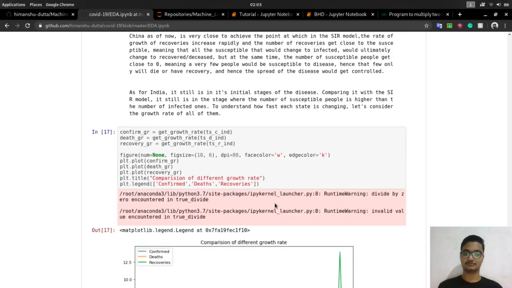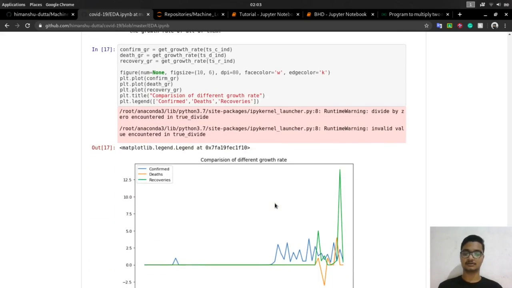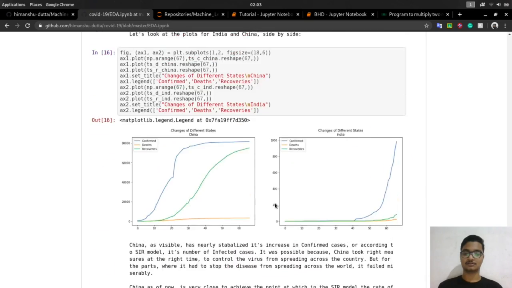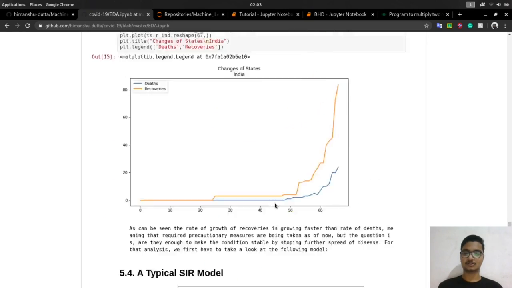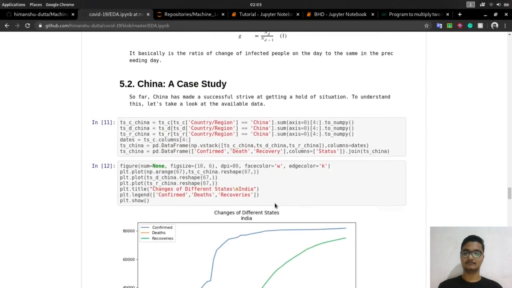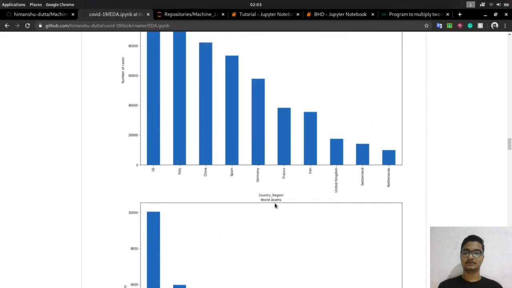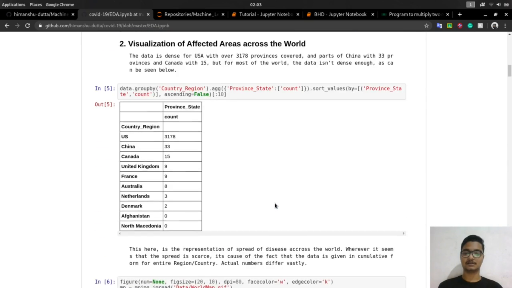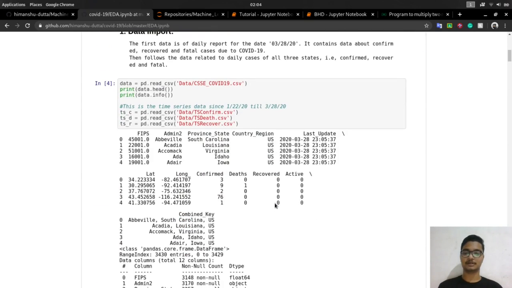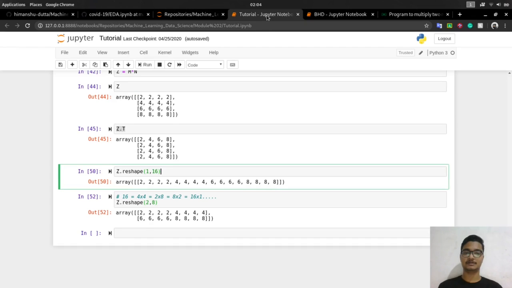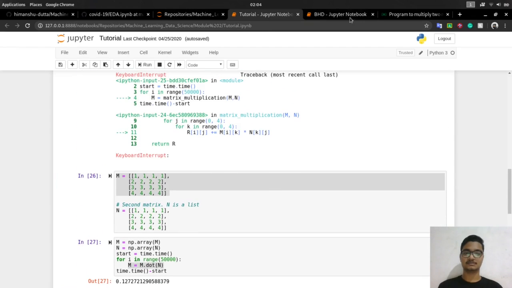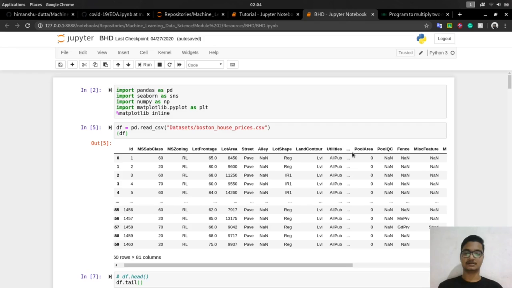I did this by the end of March, so you can take a look just for understanding what all is done. So it's not something fixed in a mold that for everything you will have similar kind of operations. Some operation might overlap, but it entirely depends on data, what data is there, and how the data is to be analyzed.